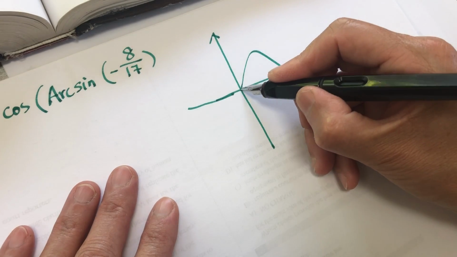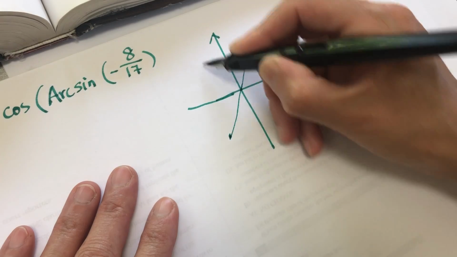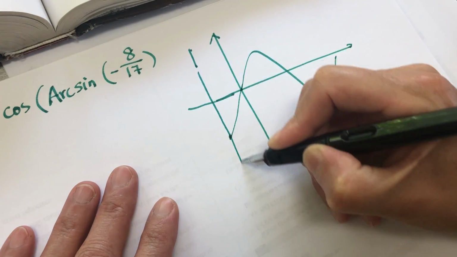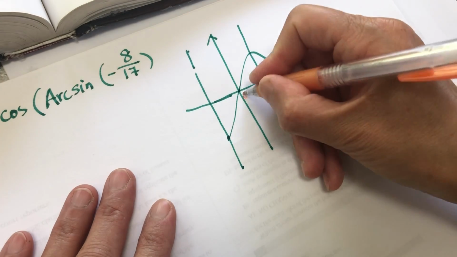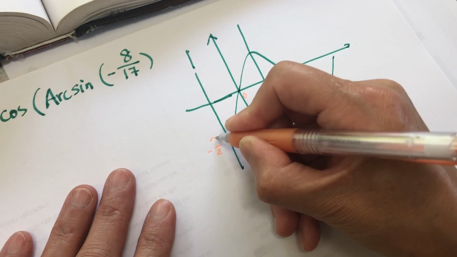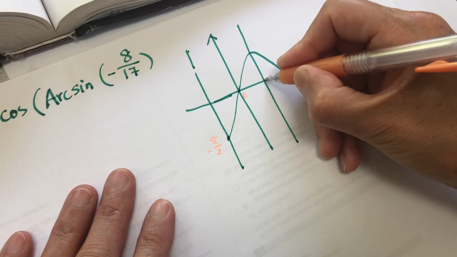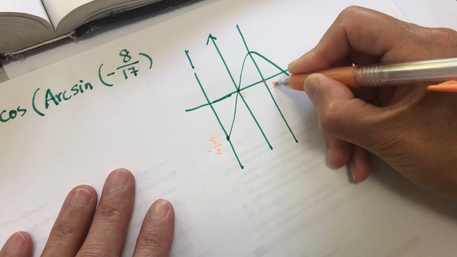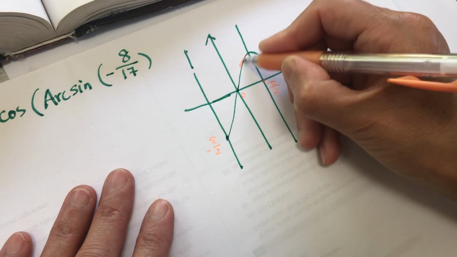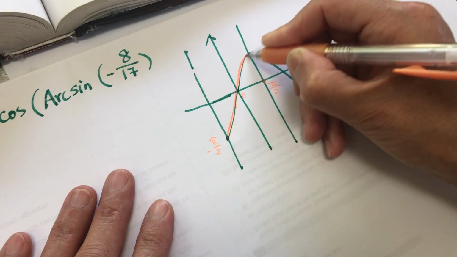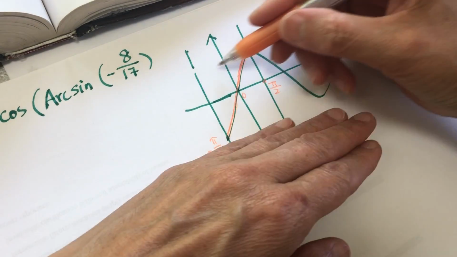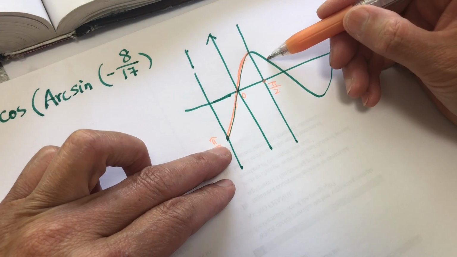So where is the domain? This is the domain: negative half pi to positive half pi, pi over 2. Because it is continuous and has all the y values.